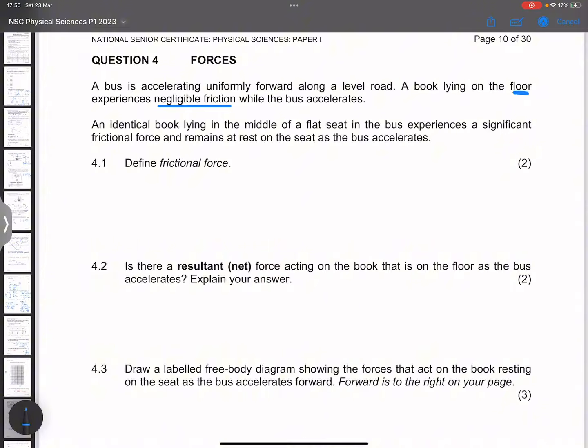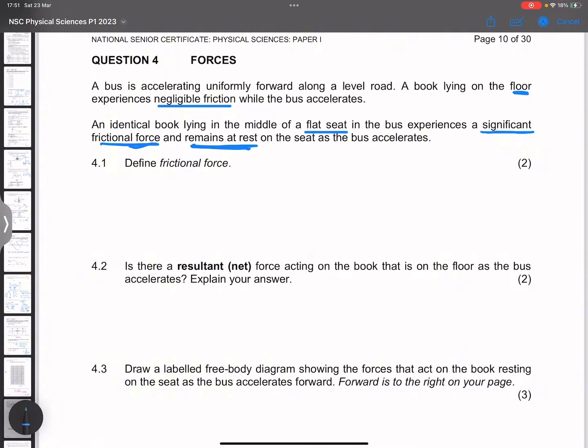And they say an identical book lying in the middle of a flat seat in the bus experiences significant frictional force and remains at rest on the seat as the bus accelerates.